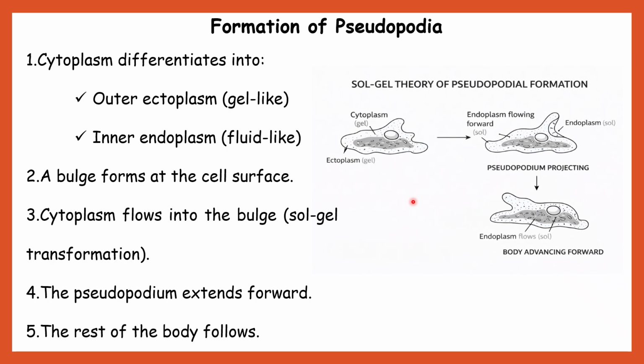This is what the sol-gel theory says, because of this solation and gelation process which continuously happens. Because of this process, pseudopodia are formed, and protozoans can move in a forward or backward direction, upward and downward.